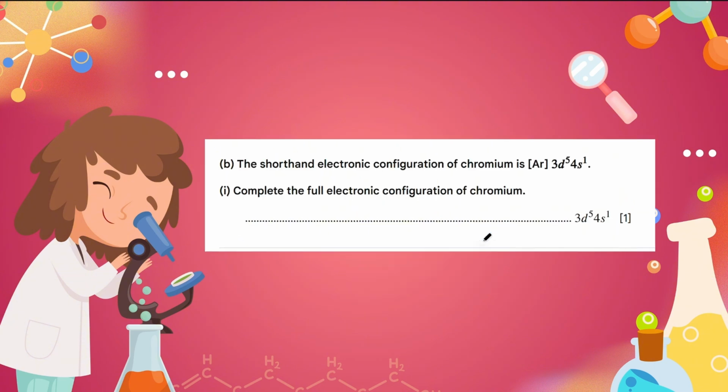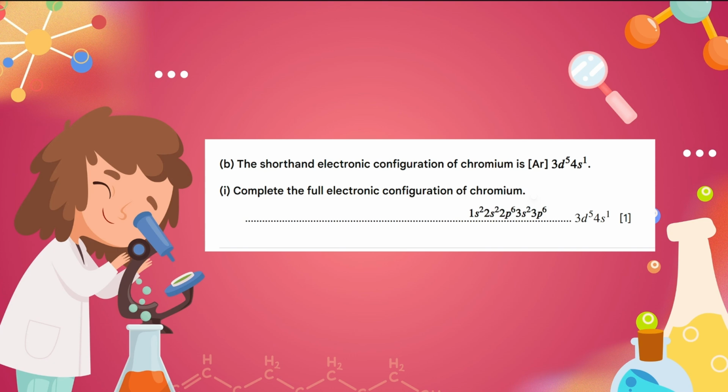Next, complete the full electronic configuration of chromium. Yep, you know how to do this. Ar is 18, while chromium is 24.